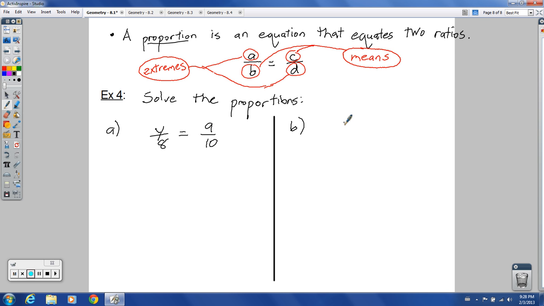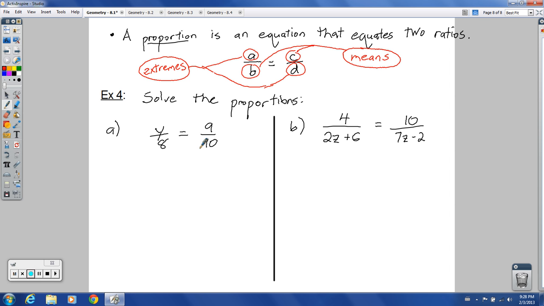Solve for y there, and let's see if we can do this a little trickier one over here. 4 over 2z plus 6 equals 10 over 7z minus 2.